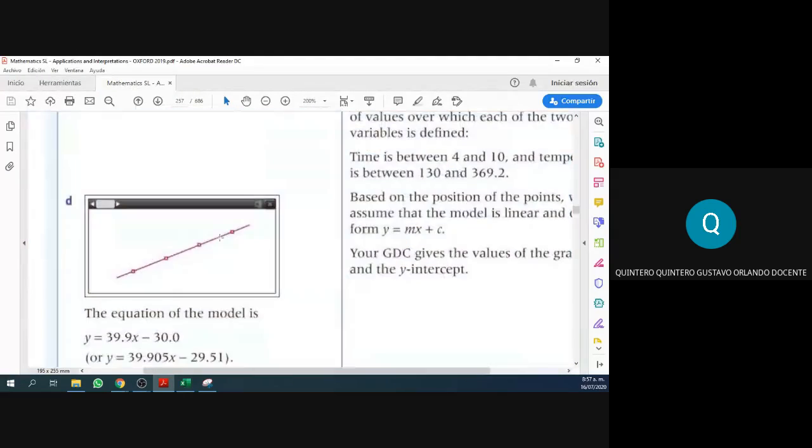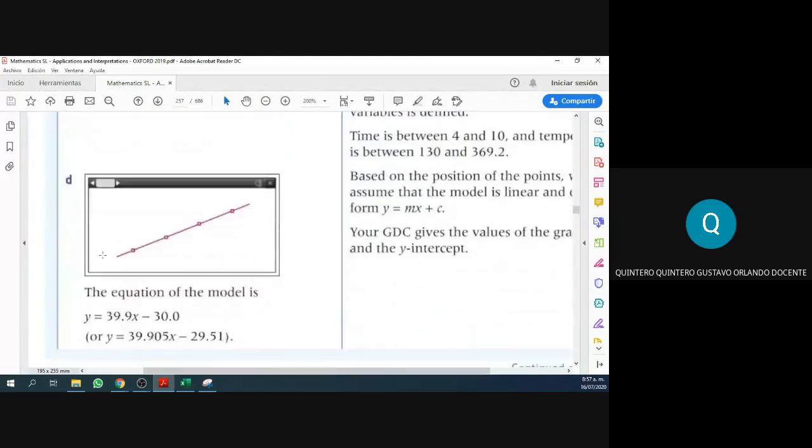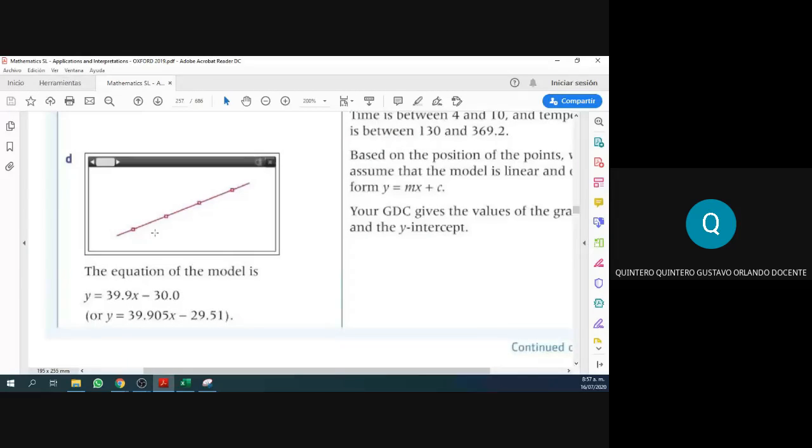Look at this. For question D, given that we know the model is a linear model, what we can do is use our calculator and use the key that says linear regression. Let me just open my calculator and I'll show you in a second.